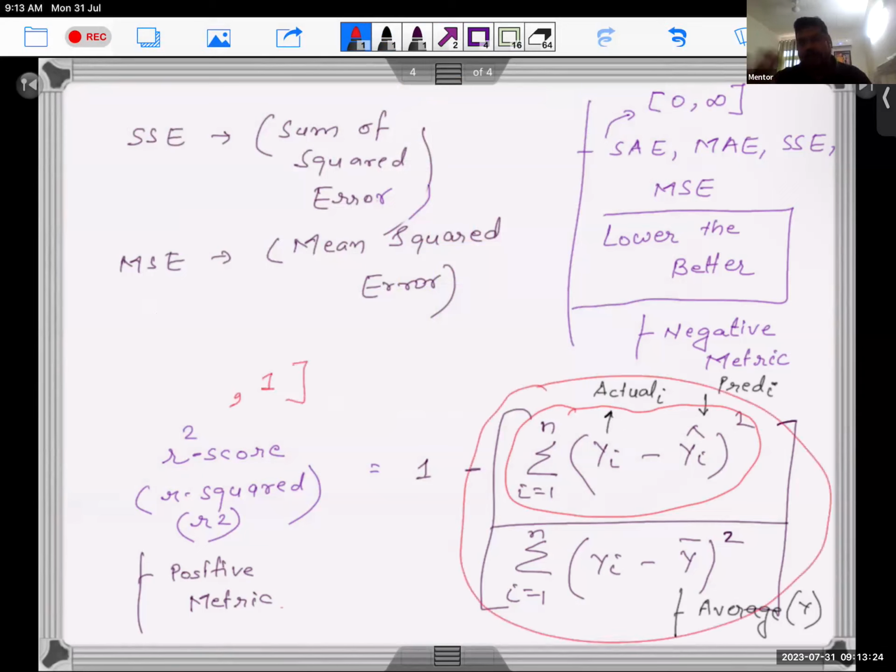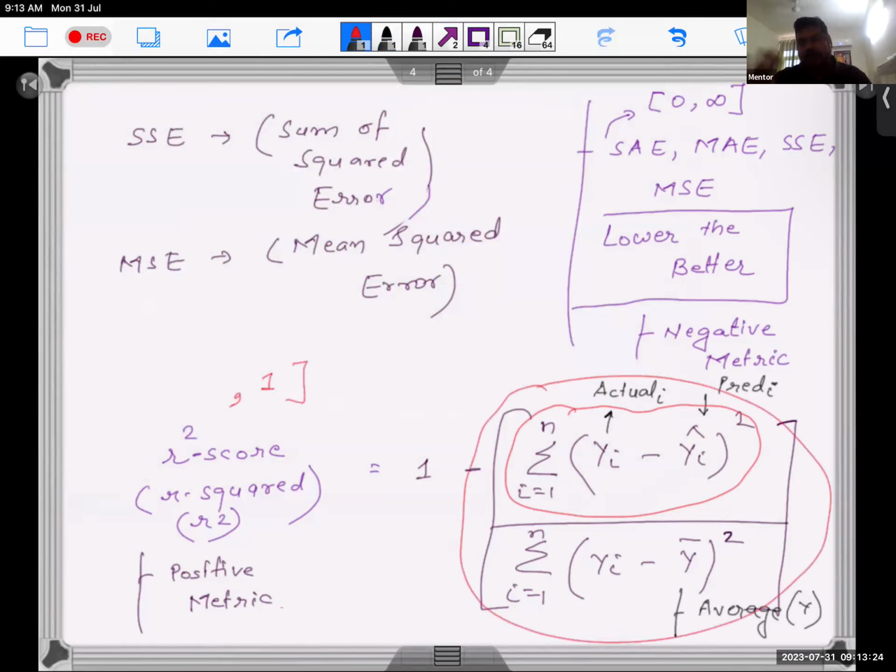So my question is: what change would you do to this sum of absolute errors so that it becomes higher the better? One simple idea that you should all have: if I have a value which is lower the better, don't you think I can take the inverse of it? Then it becomes higher the better, but there is a problem.